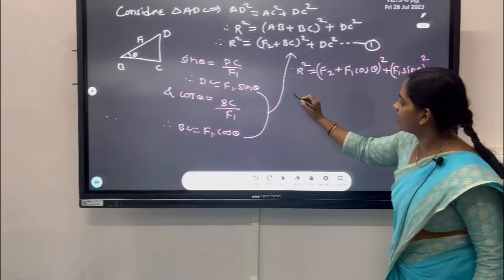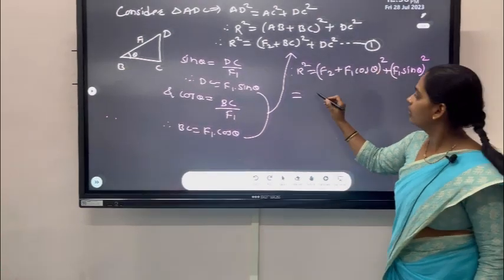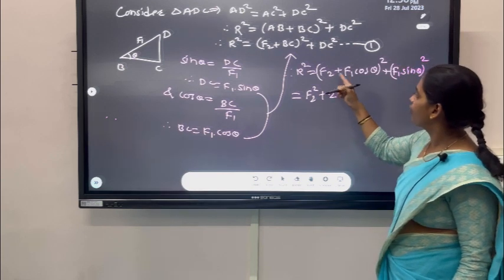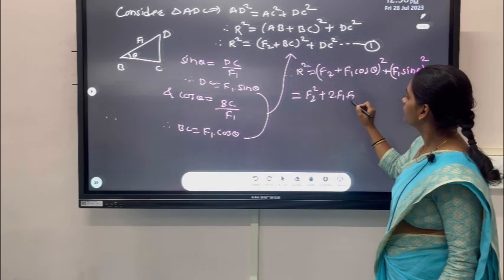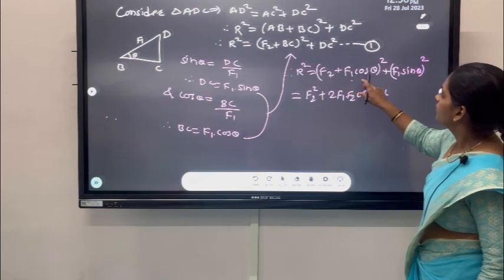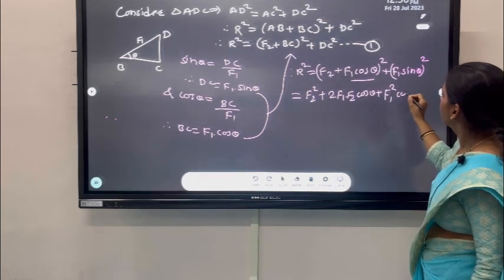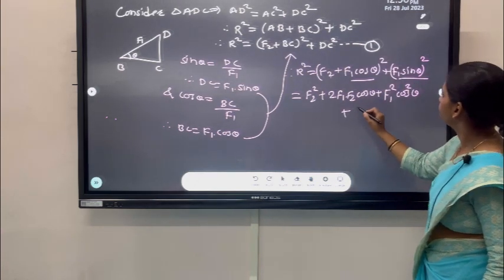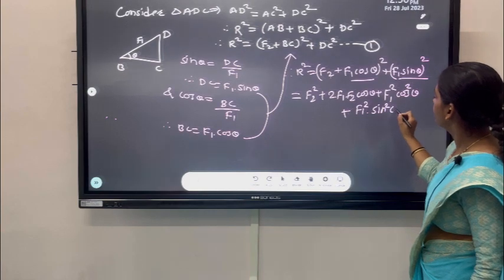Okay. So, just expand mathematically, (A plus B) bracket square will give you F2 square plus 2 times F1 into F2 cos of theta plus square of this parameter F1 square cos square theta plus square of this term F1 square into sin square theta.